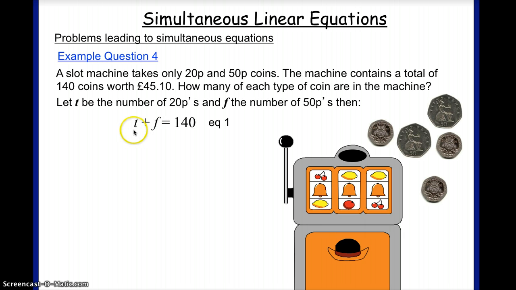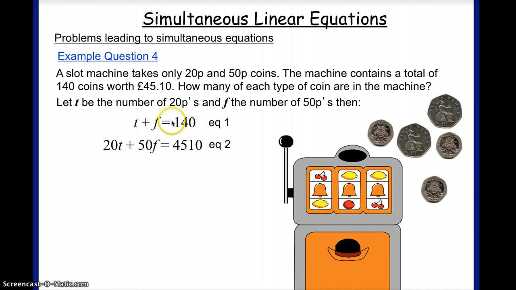Now moving on, you would like to represent the value. So you will have 20T plus 50F is equal to 4,510. Again, I'm not using the decimal point for easy calculations, but you can do that. Just remember that if you're not using the decimal point, you need to put it back later, or use the correct unit when you are representing it.